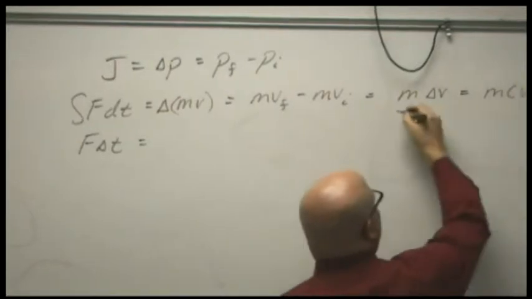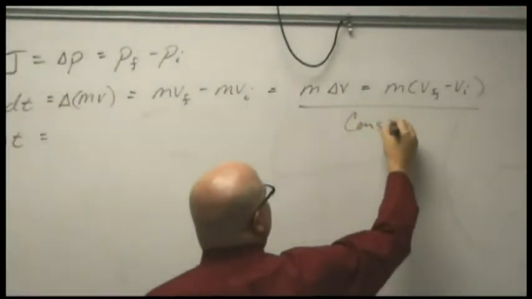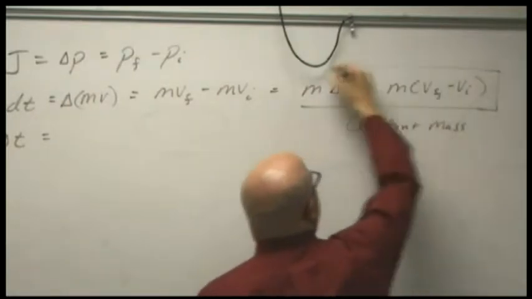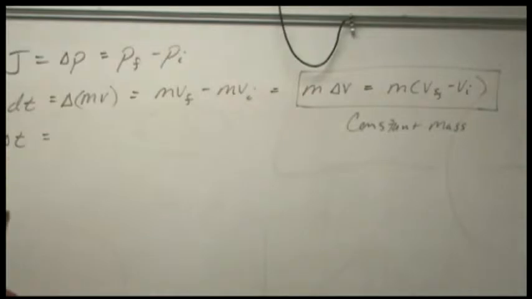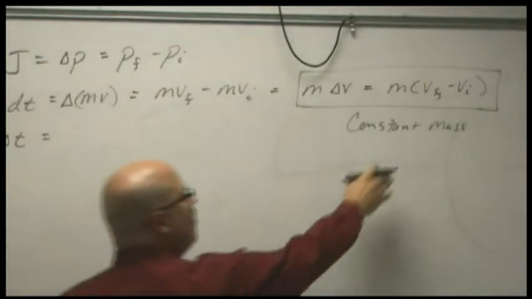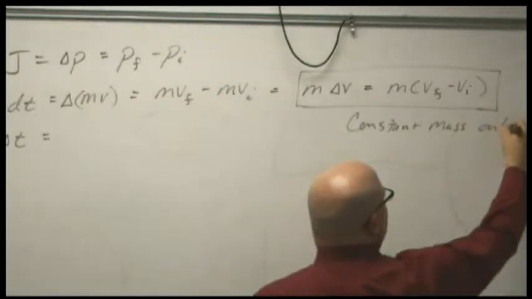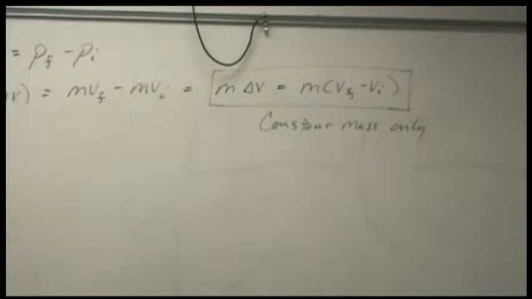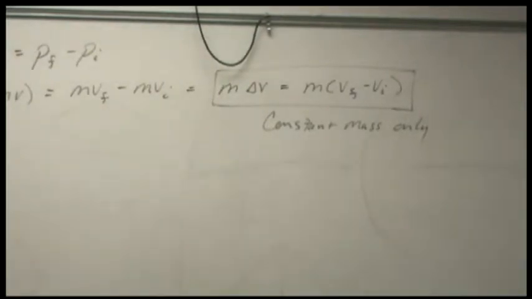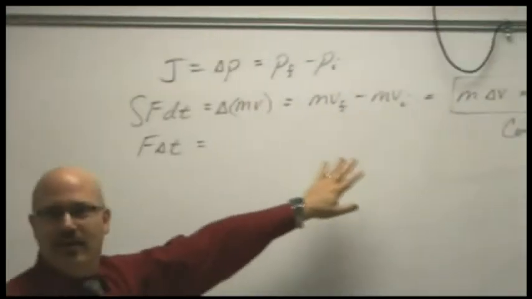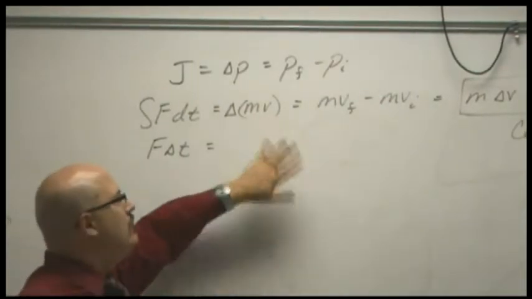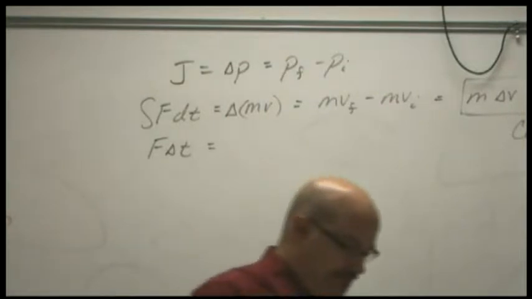But this is only if the mass is constant. Let me box that. I put it underneath, it looks like I divided it, I'm not trying to divide that. If the mass is changing, you need to be aware that you have to take that into account. So these are all the different ways you'd see this written, any variety of these two sides put together, and you'll use whichever one is the most convenient for you.